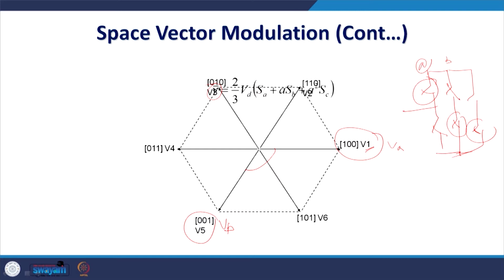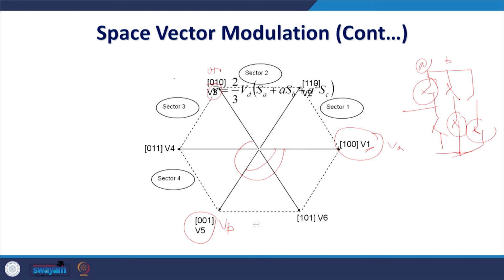Similarly, with another 120 degree lag, that is 240 degrees, you will get your VC. So you will have 0 1 0. From there you will start this convention. Generally we have chosen this convention like this, and of course you can rewrite this convention in some other form also. Now we will be splitting into the sectors.